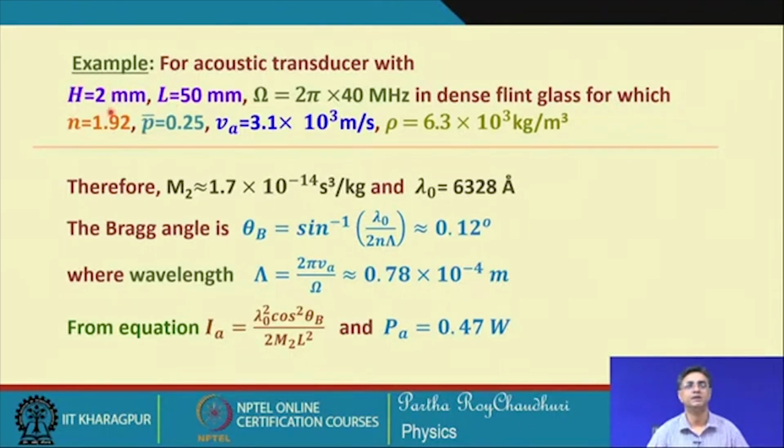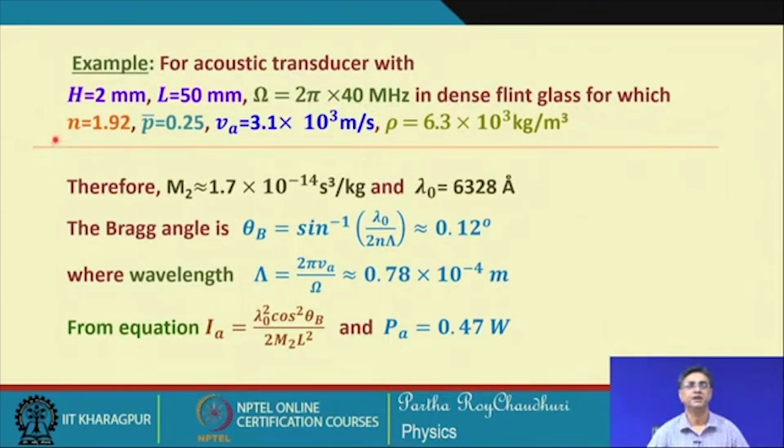Let us suppose these are the numbers: H equal to 2 millimeter, L, that is the width of the acoustic wave, the length of the acousto-optic cell, is 50 millimeter, and the frequency of the acoustic wave is 40 megahertz in dense flint glass.